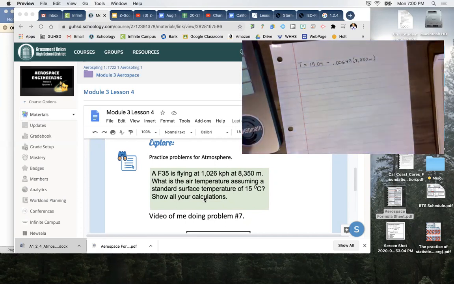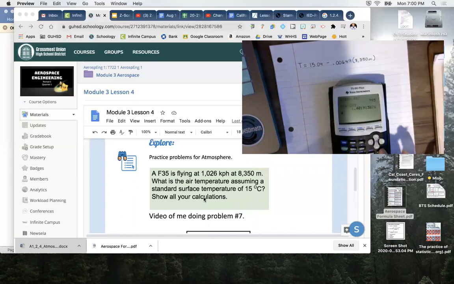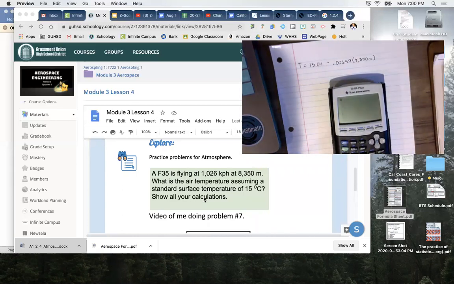Okay, so now doing the math on that, grab my calculator here. I'm going to first do the 0.00649 times my 8,350 to get 54.1915.